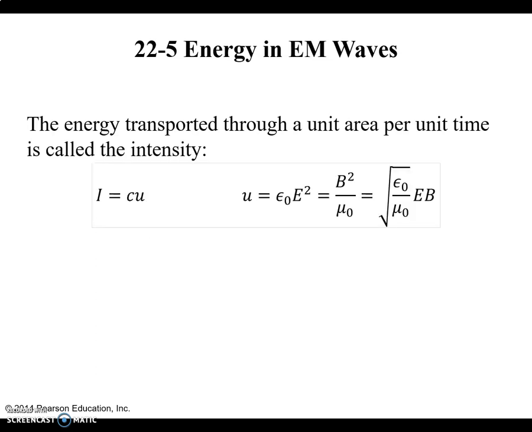We can use this in combination with our definition of energy density to come up with a simpler equation for the intensity of light based on the electric and magnetic fields.